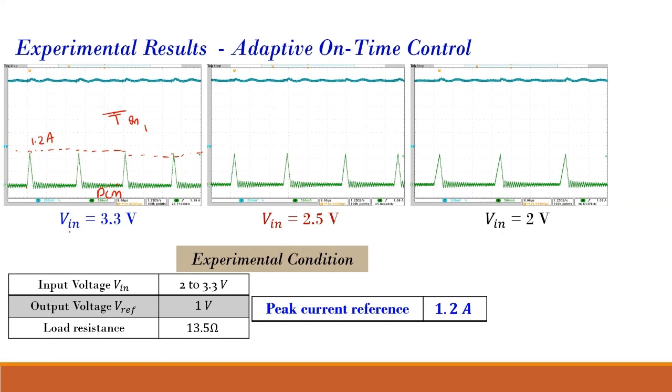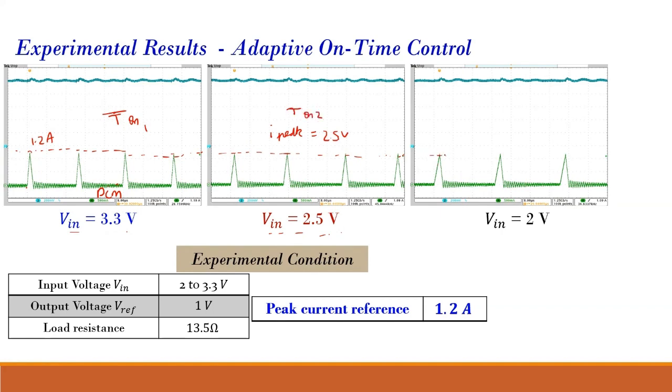Now what has happened? My input voltage is 3.3, and now my input voltage is changed to 2.5. But my peak reference remains the same, 1.2 ampere. Sorry, it is the input voltage that has changed to 2.5 volts. But my on time has changed to T on 2.